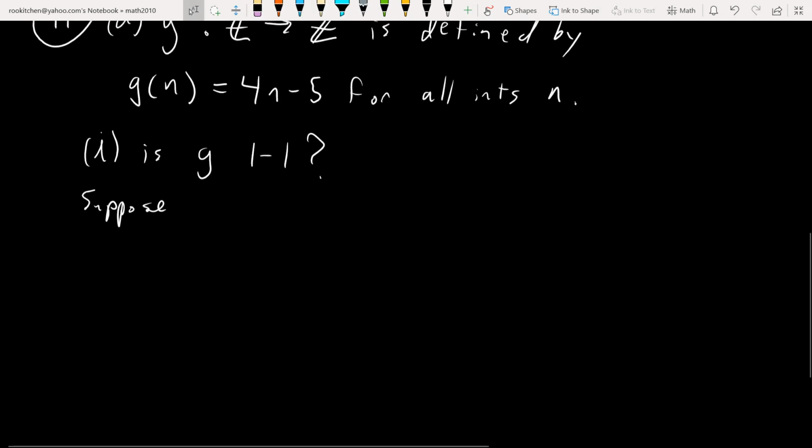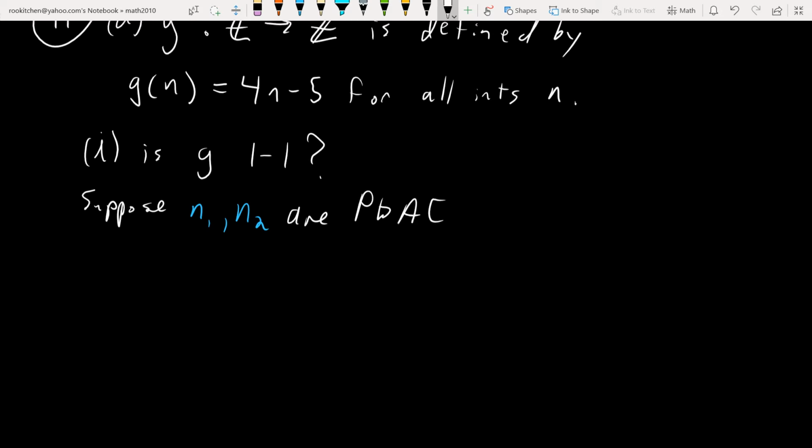So we're supposing n1, n2 are integers in this domain Z. Also supposing then g of n1 equals g of n2.